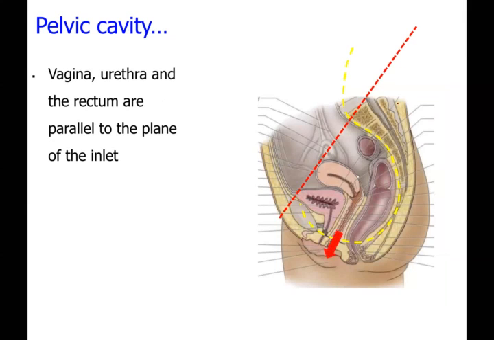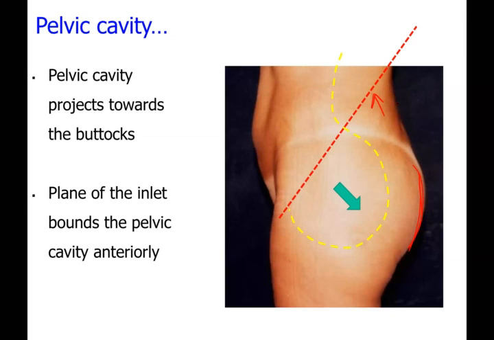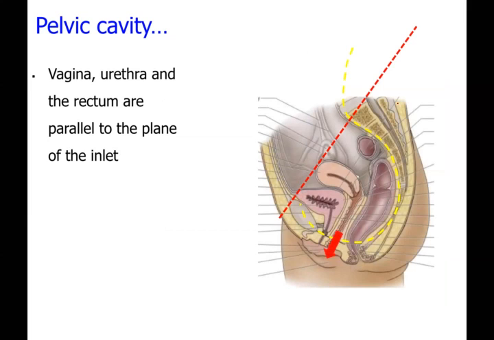And if you try to draw a sagittal section over this one, you can see that this is the plane of the pelvic inlet or the pelvic brim, and you can see the vagina, urethra and the rectum are parallel to the plane of the inlet. So this is the vagina, here this is the urethra, and this is the rectum. They are more or less parallel to the plane of the pelvic inlet.